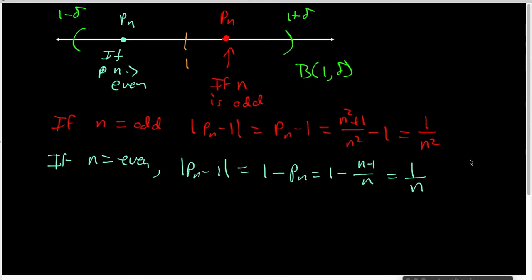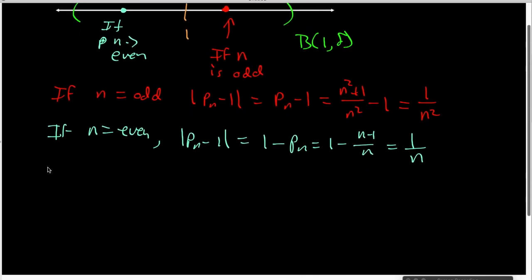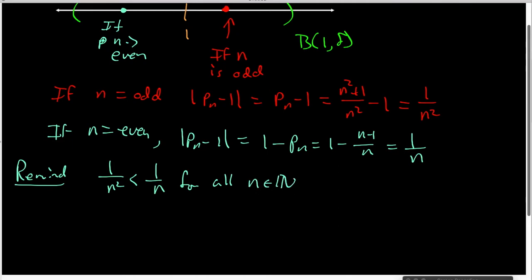Now, what I want to do next is I want to remind you that 1 over n squared is always less than 1 over n for all natural numbers. So over here, this is always going to be less than 1 over n. So when n is an odd number, this distance that we need to be small is still going to be less than 1 over n.